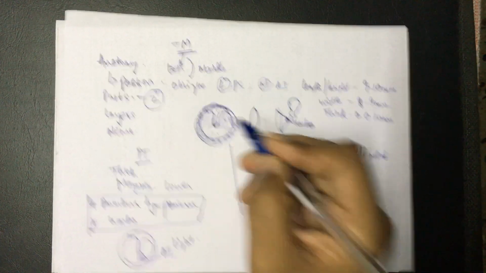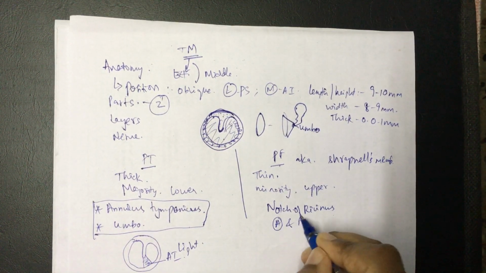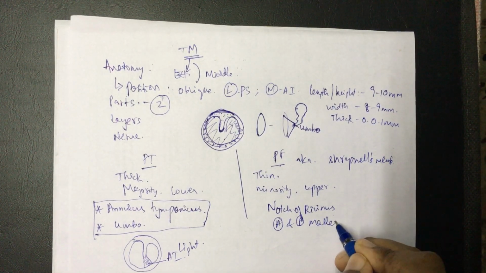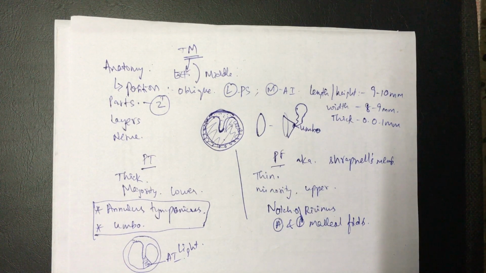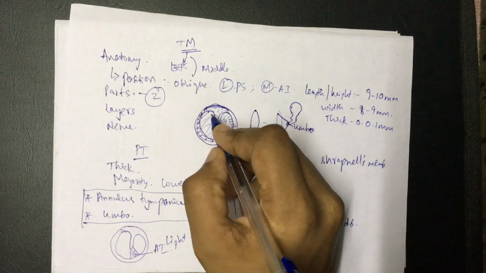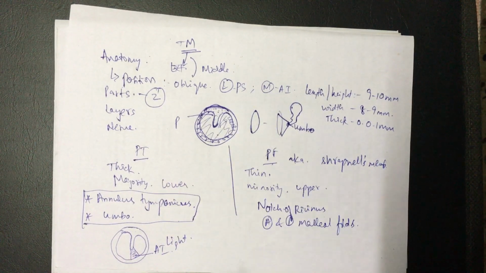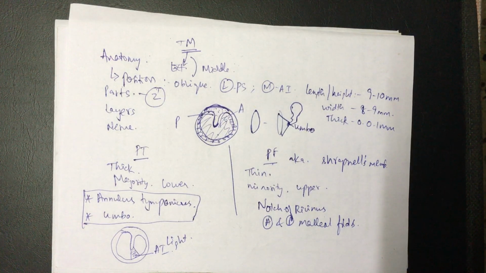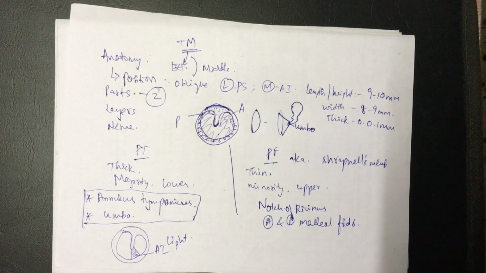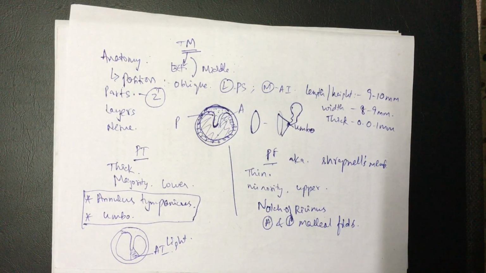And these two folds, the anterior and the posterior malleal folds, previously were called the malleolar folds, but let's take on to the new one. So the malleal folds. Okay, this one is the posterior one, and this one's the anterior one. So it's going to be present in between the posterior and the anterior malleal folds.